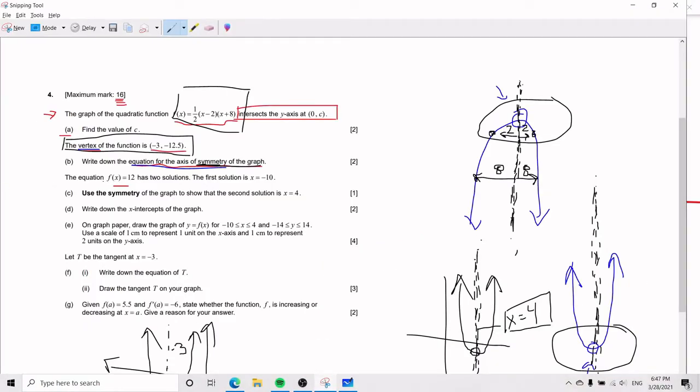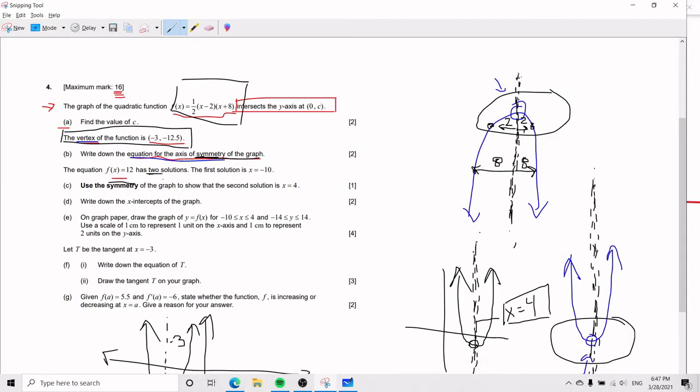For part C, they give us that the equation f of x equals 12 has two solutions, and that the first solution is x equals -10. And that we should use the symmetry of the graph to show that the second solution is x equals 4.